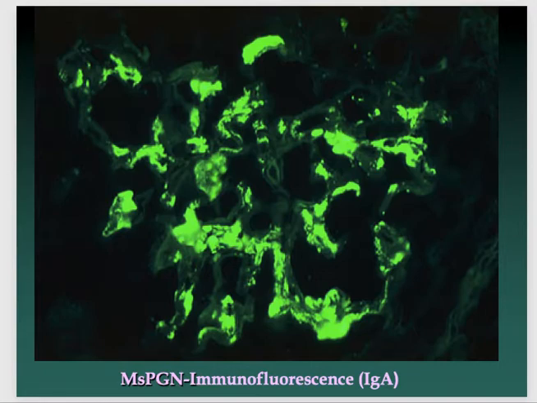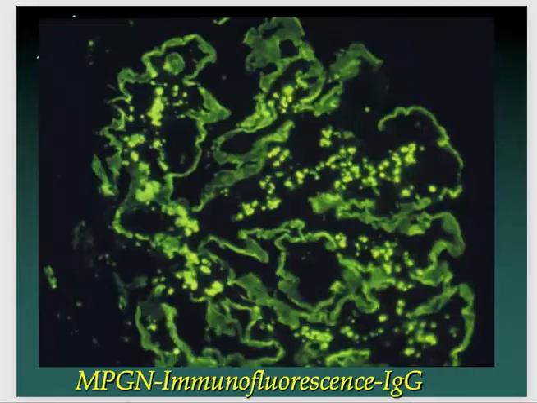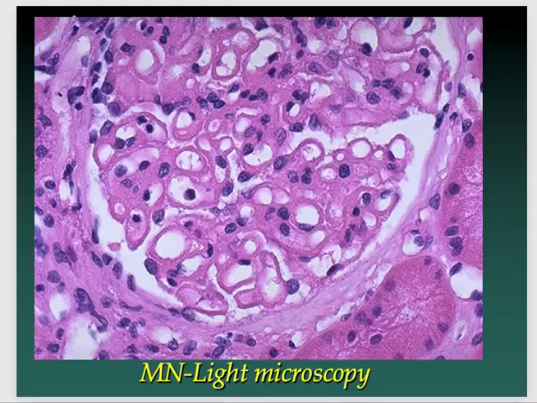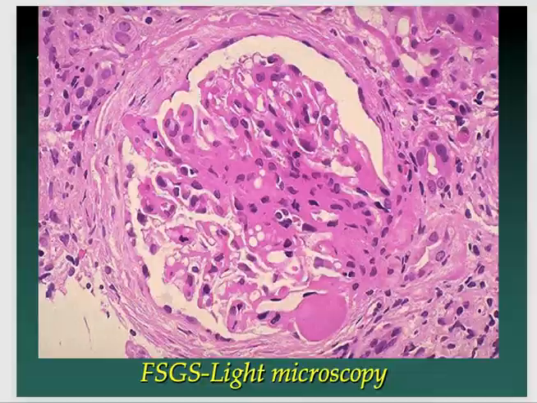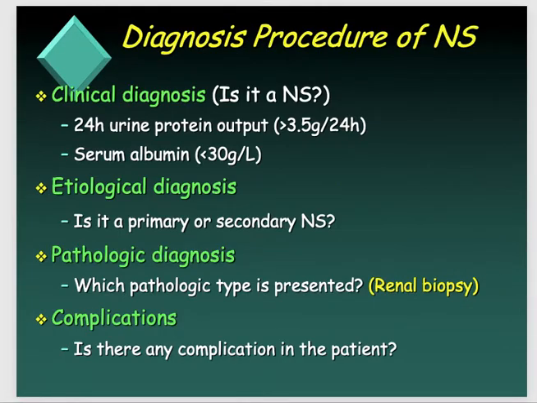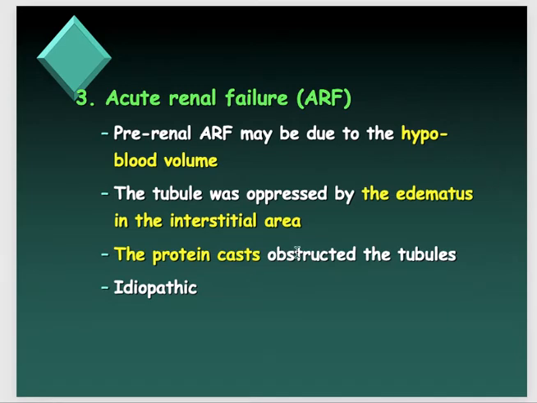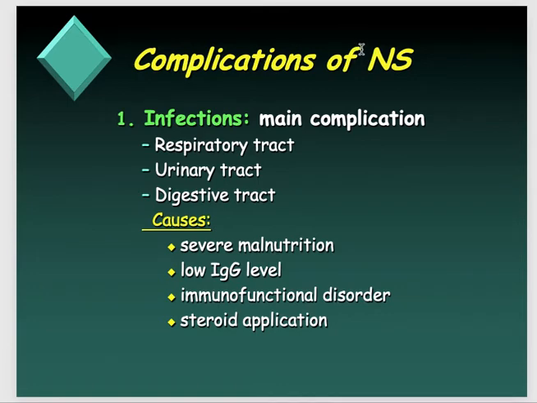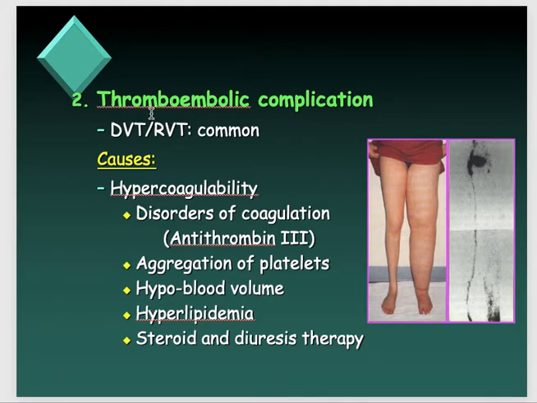Anyhow, guys, what we are studying now is basically nephrotic syndrome, and we had a discussion yesterday on nephrotic syndrome. What are the complications of nephrotic syndrome? The complications can be infections, which could be anything. I told you they become hypercoagulable, so there can be thromboembolic complications.